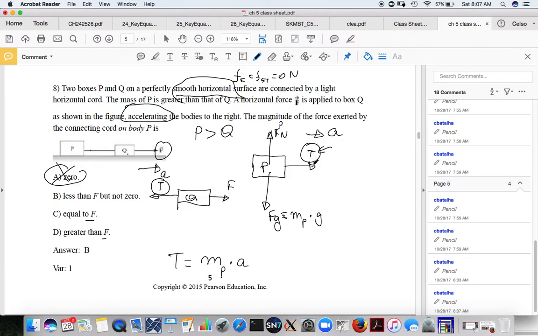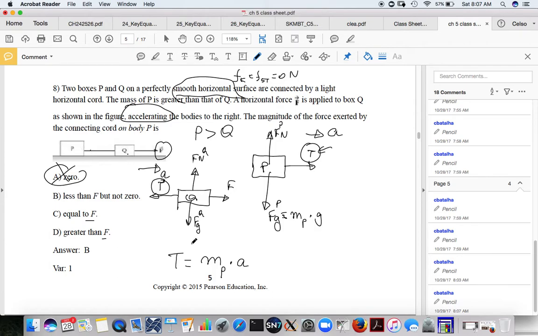It is an action-reaction pair. In fact, the two tensions are not the same. We call them the same symbol, which is not exactly correct because the vectors are not the same. The magnitude is the same, the number of newtons. We do have also a normal force, and we do have its weight, right?